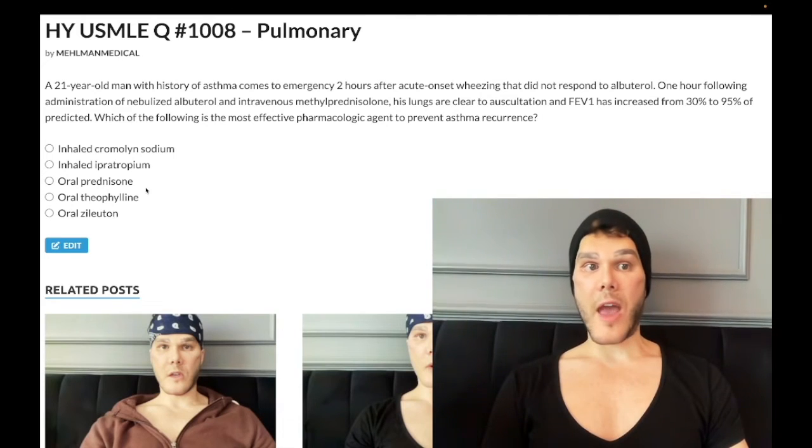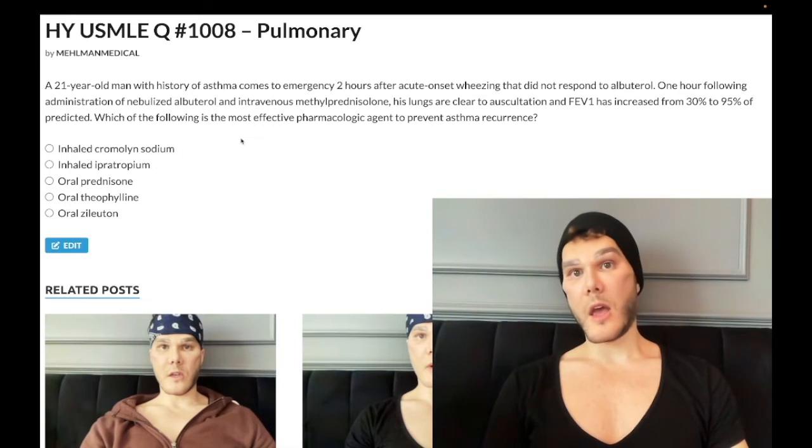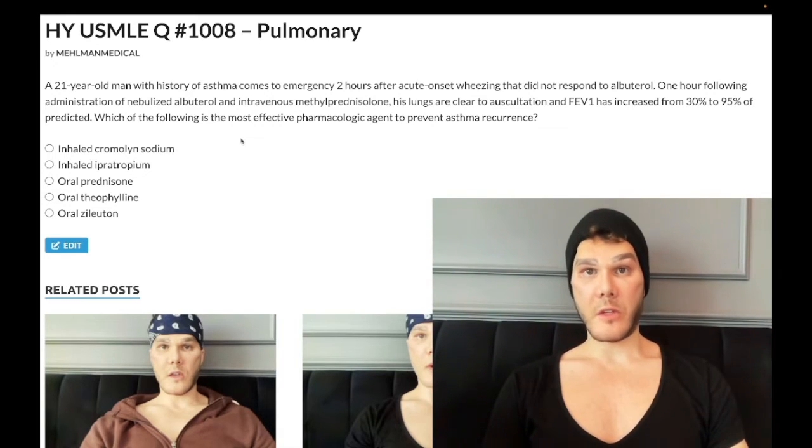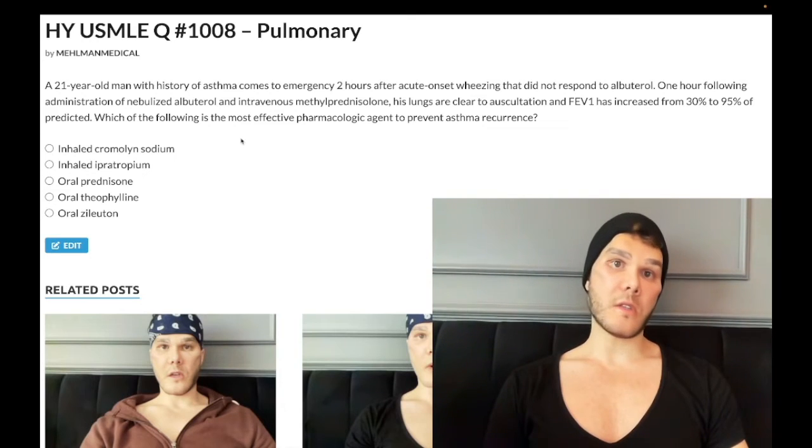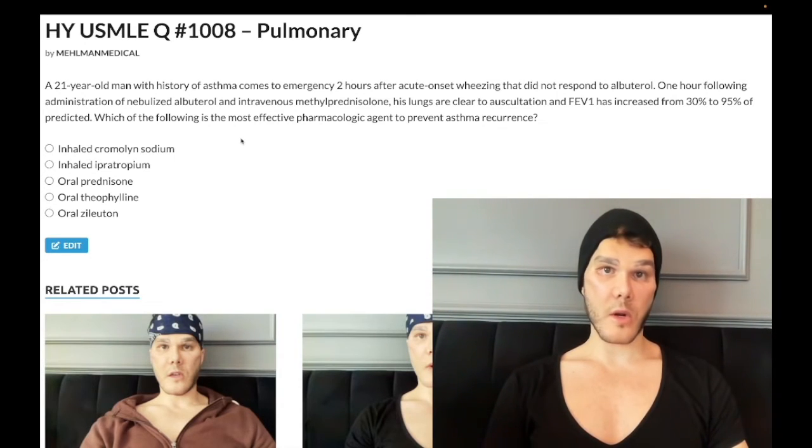So when we manage outpatient asthma, we're going to do a beta-2 agonist inhaler first. If the patient has more than one occurrence of asthma a week, we can add an inhaled corticosteroid, i.e. fluticasone. If that's insufficient, our third step is to increase the dose of the ICS, the inhaled corticosteroid.